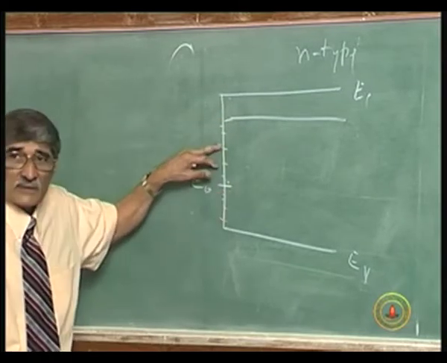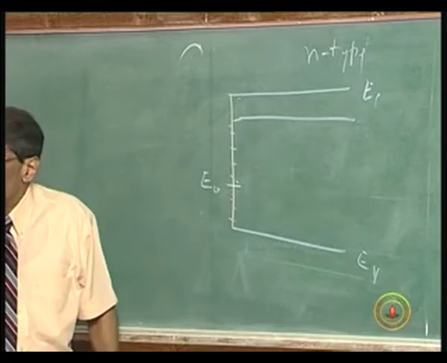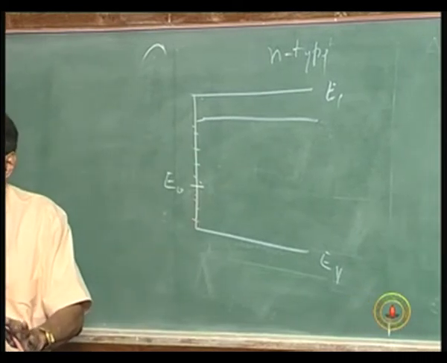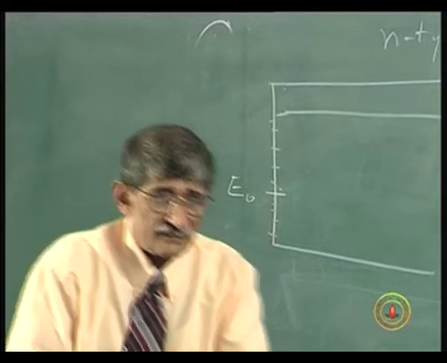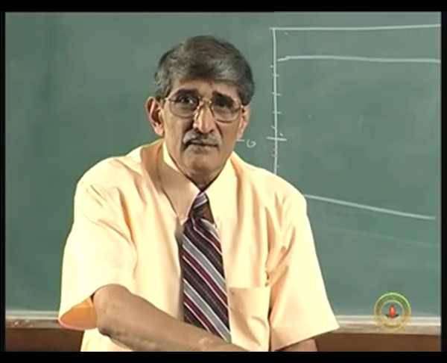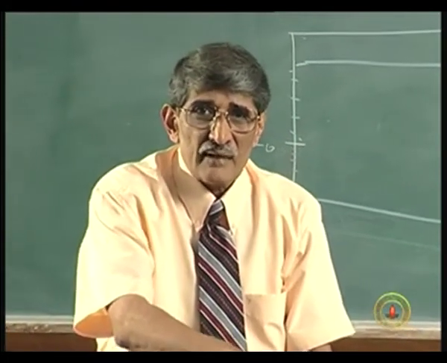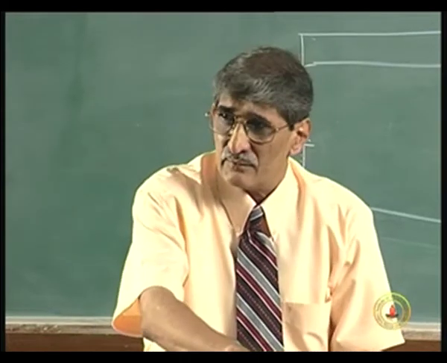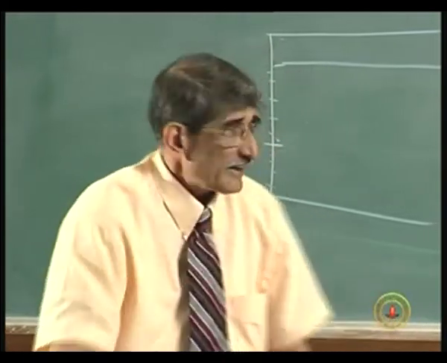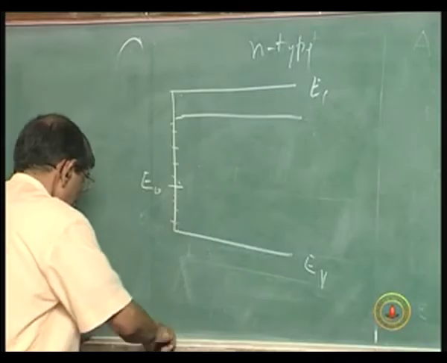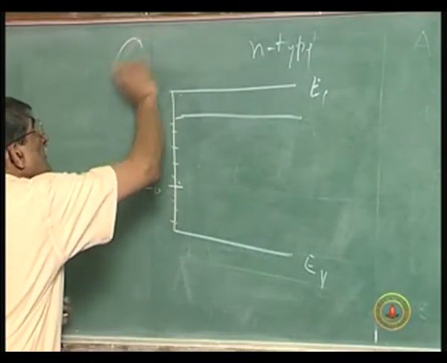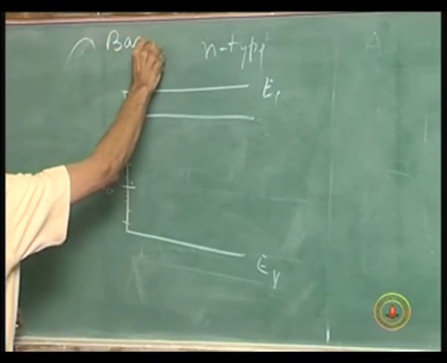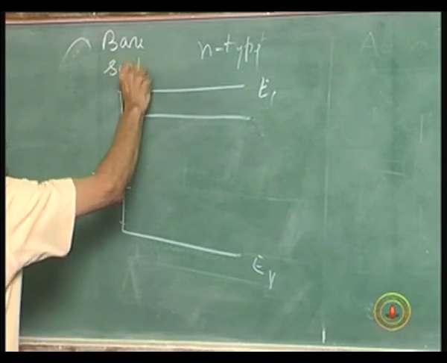If it is not occupied, neutral. This is a free surface, no metal, absolutely no metal. I will take a bare semiconductor surface like that. Because of the high density of states, no oxide, nothing, we are talking of a bare semiconductor surface.